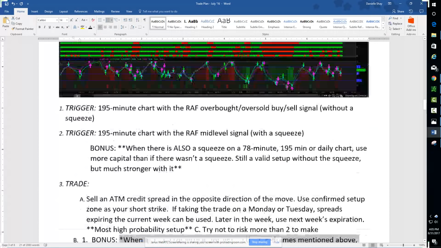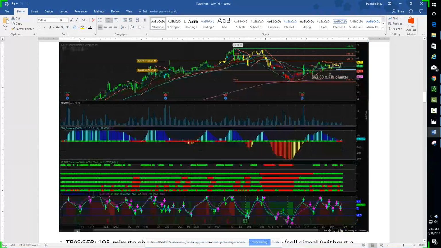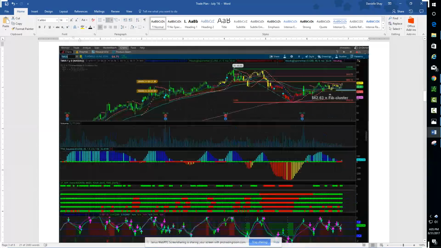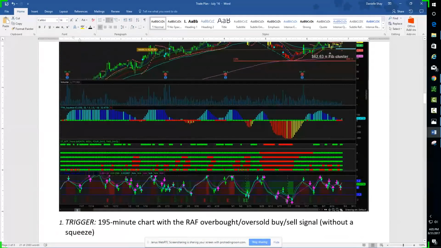That's really going to give you hopefully a good amount of time to reach some of these lower targets. Depending on how much volume and open interest they have, you might have to get a different expiration date than the one that you like. But that's just something you have to look at when you get to the options chain. So that's one of my favorite setups.